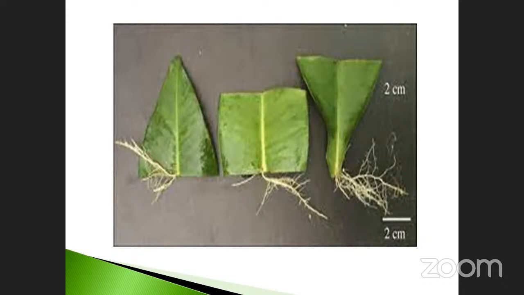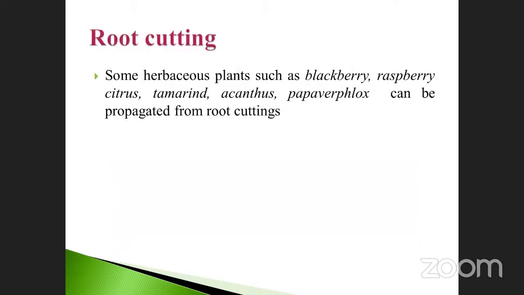Okay, next one. The third one is called root cutting. Roots also have propagation properties. They have the ability to grow as an entire plant. Some herbaceous plants such as blackberry, raspberry, citrus, tamarind, acanthus, and papaver, flax can be propagated from root cutting.